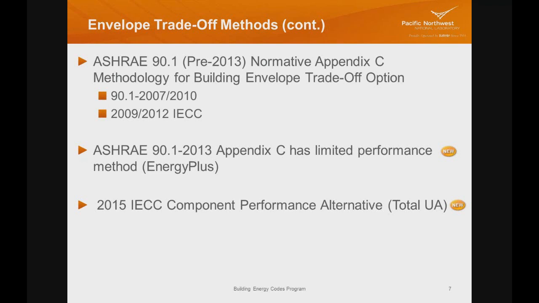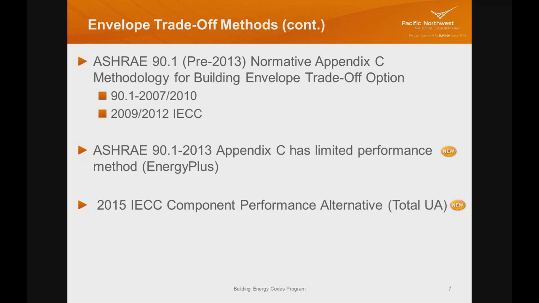Again, it's still just an envelope trade-off methodology, but we will set defaults for the lighting loads, the miscellaneous plug loads, and HVAC systems for the performance simulation of your proposed design and the baseline code building design, and evaluate those two similarly, with, again, just the envelope trade-off outcome reported.